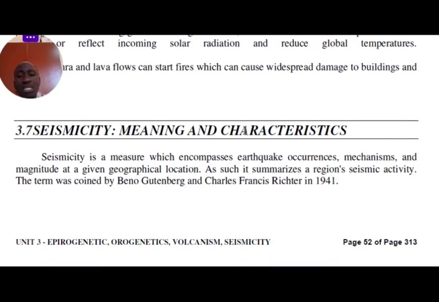Then seismicity. This is a measure which encompasses earthquake occurrence, mechanism, and magnitude at a given geographical location. So that is the measure used for what we have termed earthquakes.